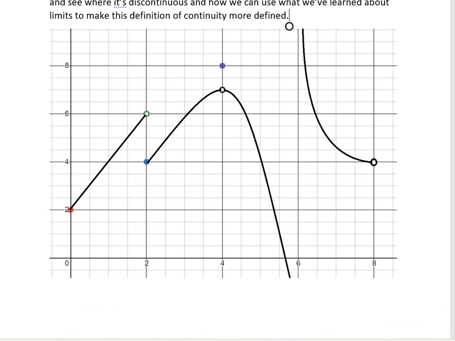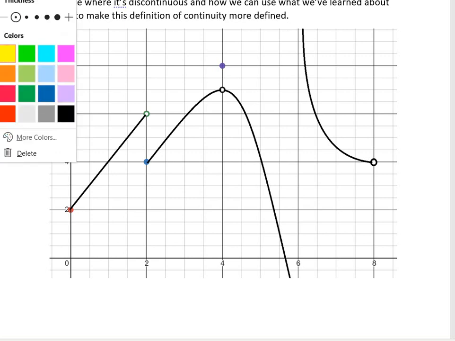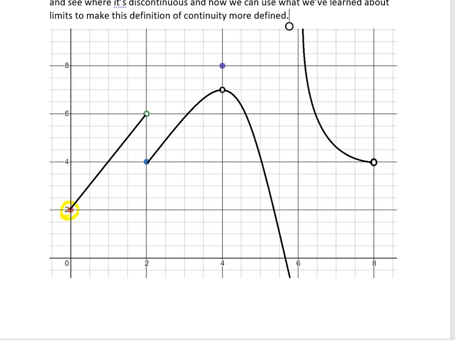So if we look at this function here, let's just go ahead and highlight where it is discontinuous. If I were to be drawing this with a pencil, I would start here, and I would have continuity until I hit about this point, and this point, and here as well, and then I would end on this point.